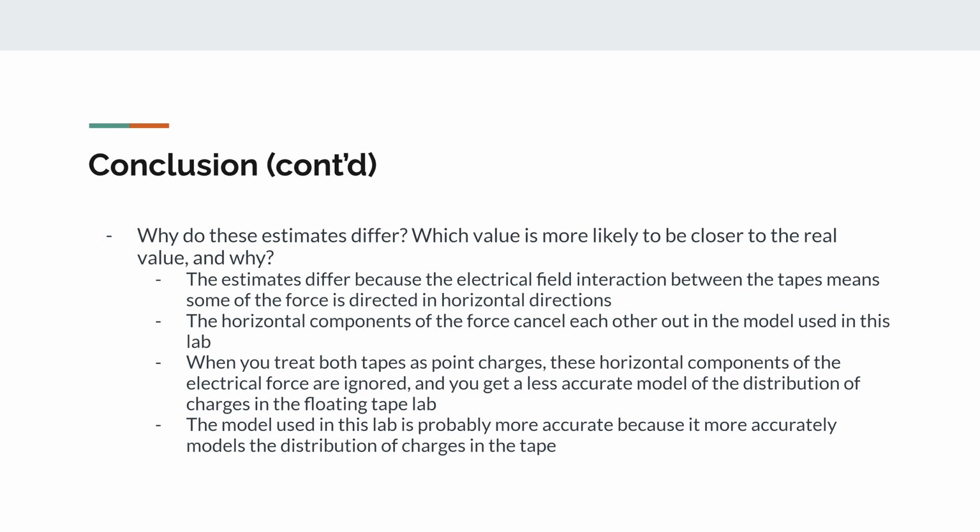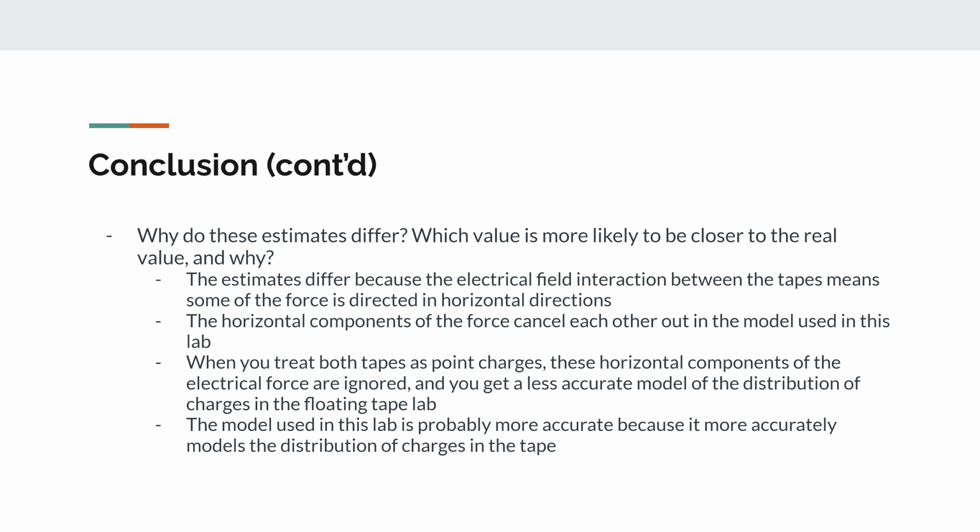But the horizontal forces all cancel out, because for every force the top charge on the left feels, there's also a force on the top charge on the right in the opposite direction. So all the horizontal forces cancel out on the top tape. But when you treat both tapes as point charges, these horizontal components of the electrical force are ignored, and you get a less accurate model of the distribution of the charges in the floating tape lab.